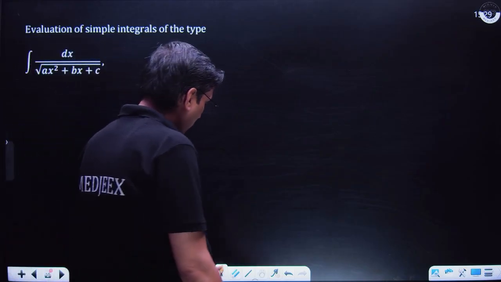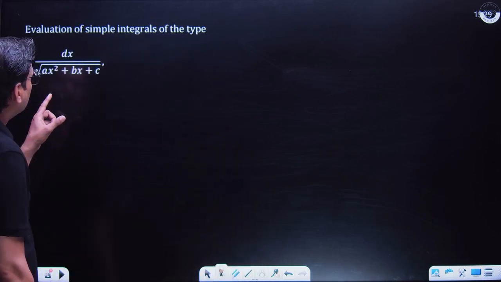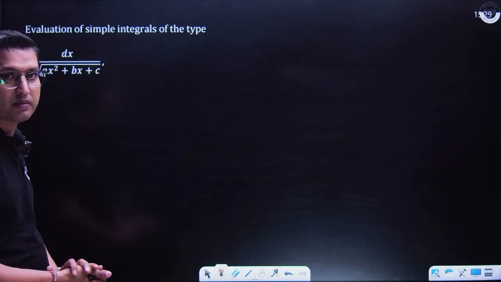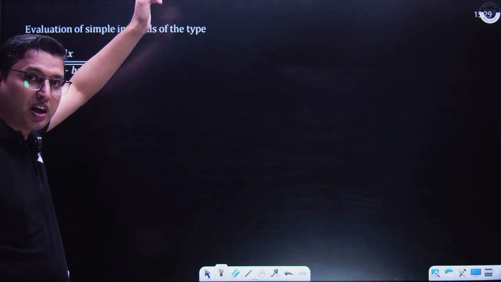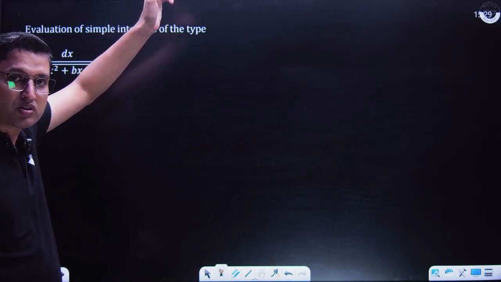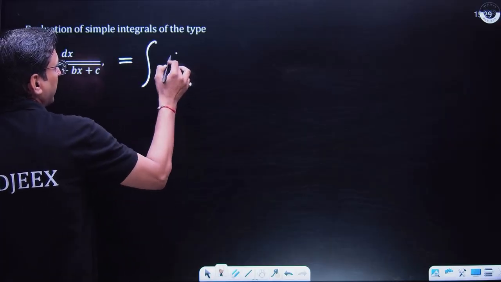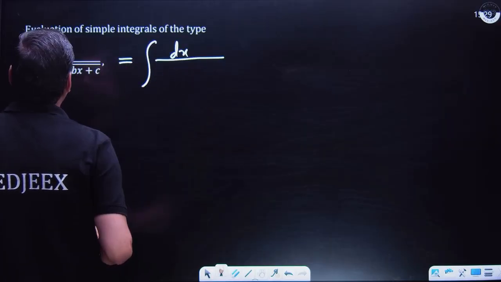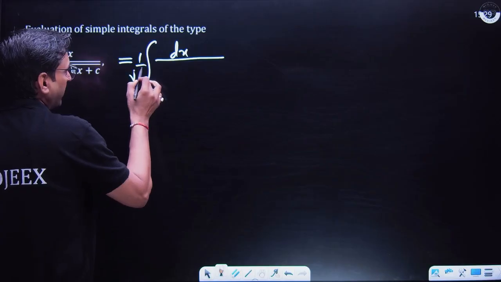For that, I have already told you, just to do the solution of this particular situation, we have to utilize the concept of the same 1 upon ax square plus bx plus c, and I'll let you know what that is. After simplification, it will become like this. Just take root a common, so it will be 1 by root a.